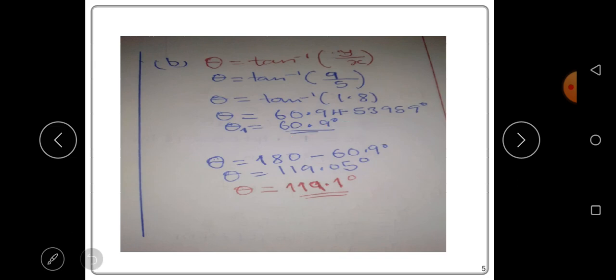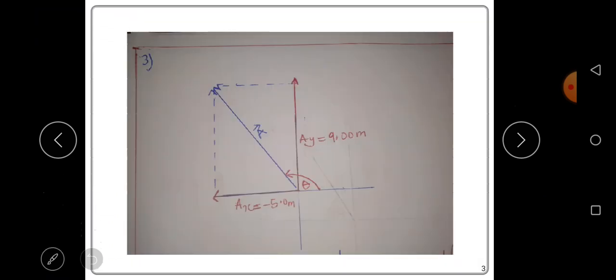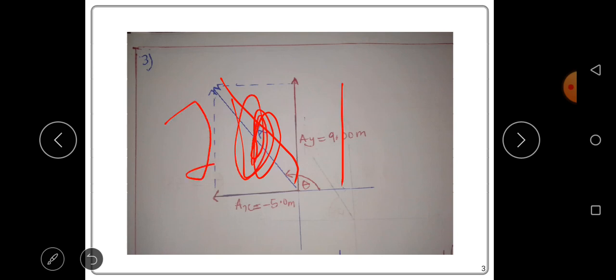We know that this is not the final answer, because the vector is in the second quadrant. This is the first quadrant, second quadrant, third quadrant, fourth quadrant. The vector is in this quadrant.